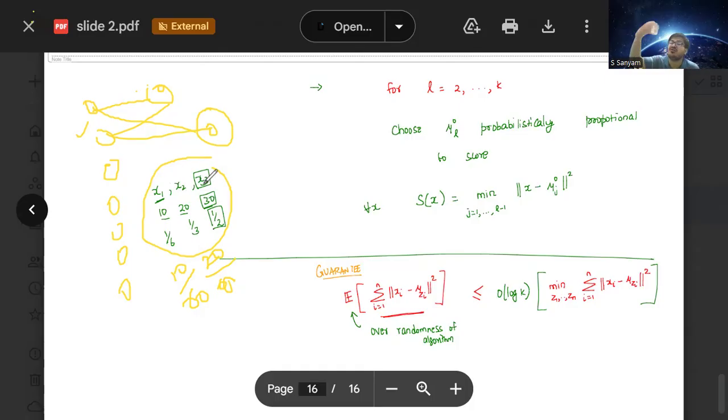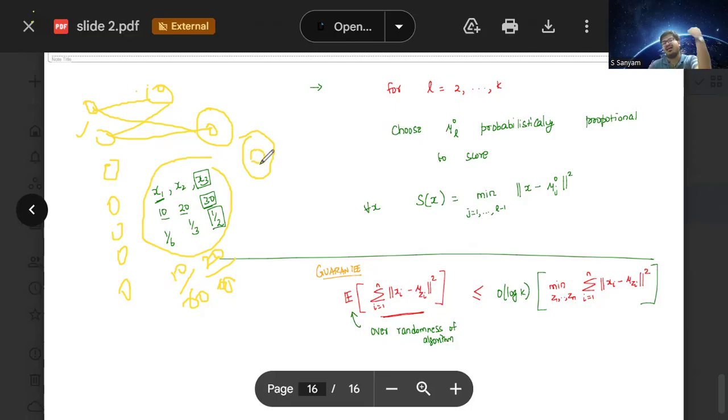The probability of x1 being the next cluster mean is 1 by 6, and for x3 it is 1 by 2. It is the probabilistic way, and we are choosing it probabilistically. We choose according to the expectation of this, and further we will assign the third cluster.